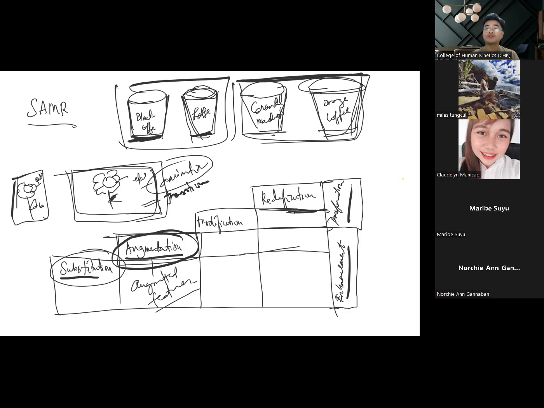Substitution. Substitution lang. Kasi parang pinapalitan mo lang yung class record mo. Pero pag gumamit ka na ng mga functions dun sa Excel at yung Excel na mismo ang nagko-compute, anong level na yan? Augmentation. Okay, so do you understand?